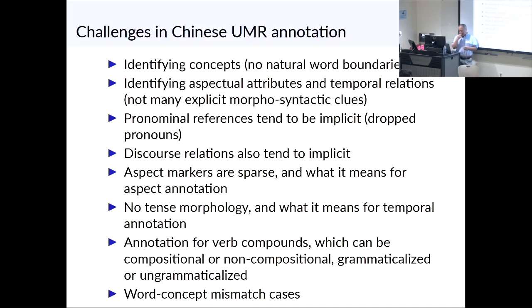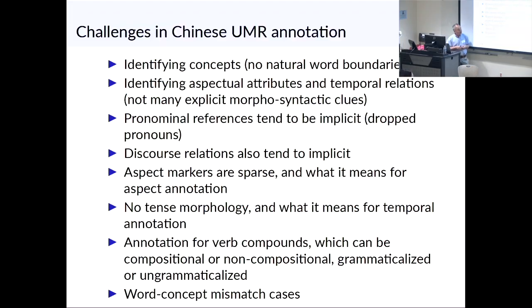And another thing that has a lot of implications for, or causes us problems when we do the annotation is verb compounds. So there are a lot of verb compounds. I know some languages have verb compounds as well. The problem there is, how do you deal with verb compounds?